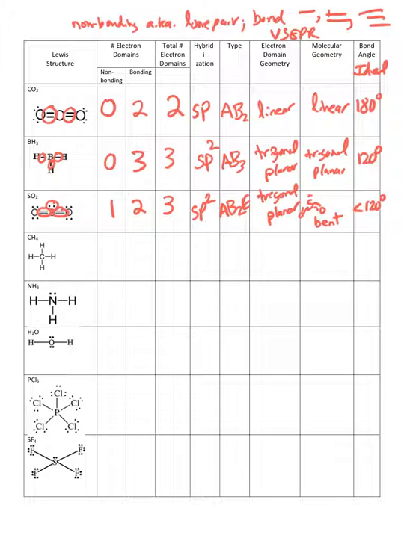That was SO2. The next one is the CH4 molecule we call methane. For the type of molecule, we've got one central atom that has 4 atoms around it, so it's got 4 bonding pairs. It has no lone pairs or non-bonding pairs.